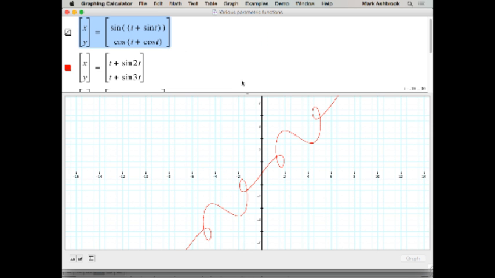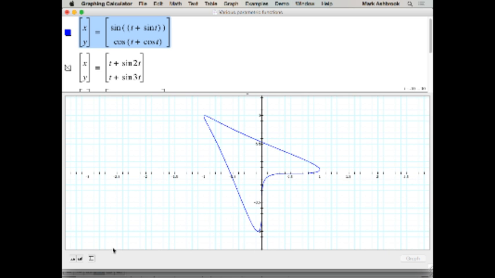But look at the formula. It's not that crazy, right? X is t plus sine of 2t, and y is t plus sine of 3t. Those aren't that complicated, but then your curve is wild, right? Let's look at some others here. So that's the one up there.